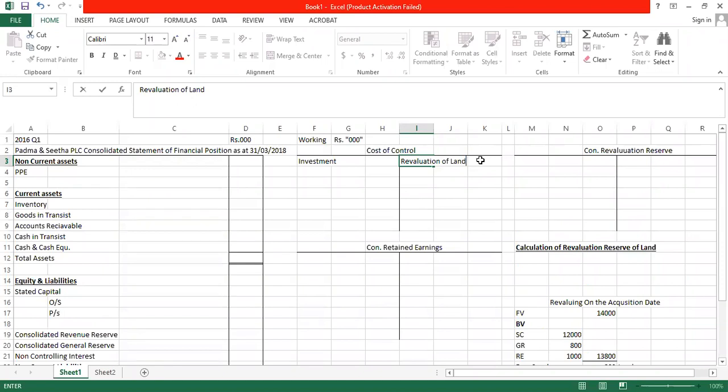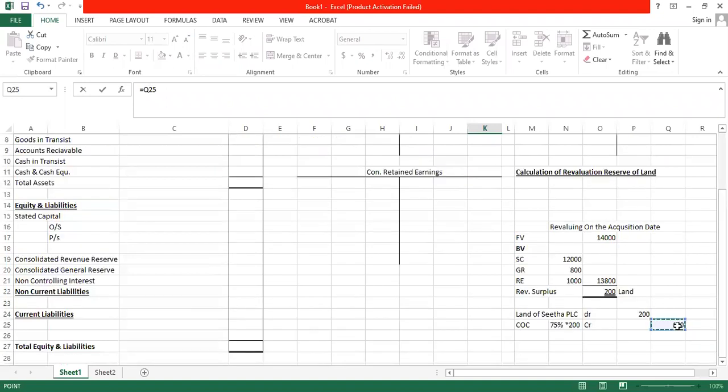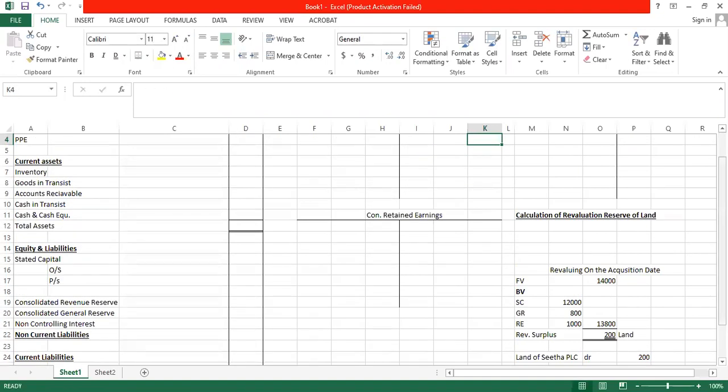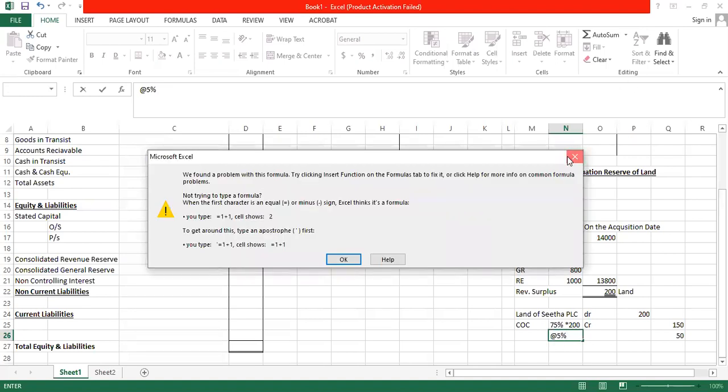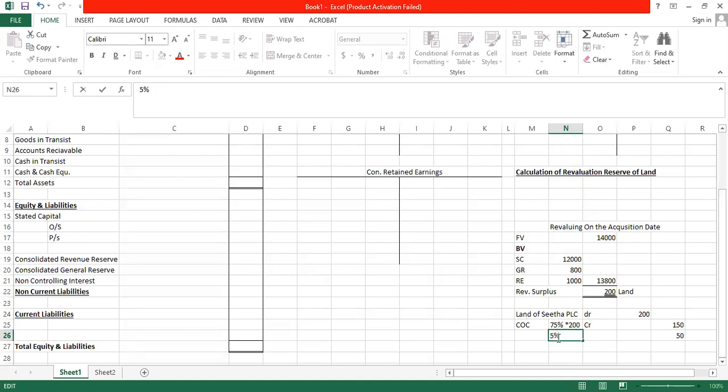From its 75%, it is equal to 150. And what about the rest of 50? We call this equal to 25%. This 25% we call non-controlling interest.